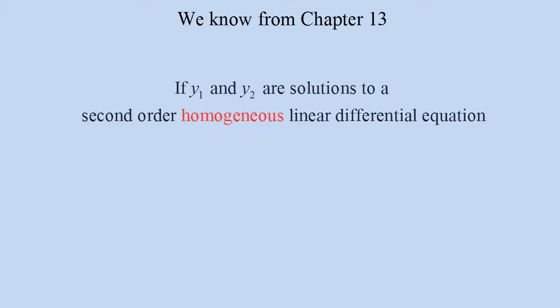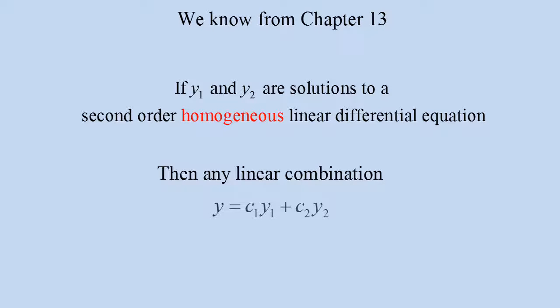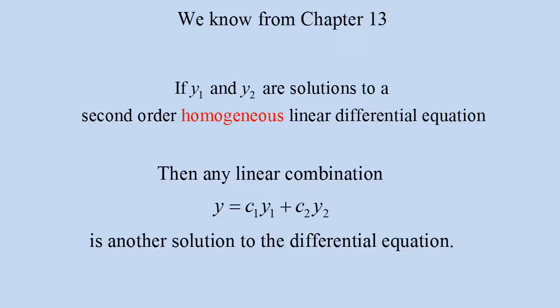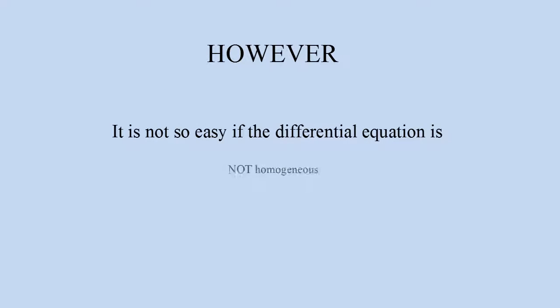Now if you recall, when we're dealing with homogeneous equations, if we had y1 and y2, which were both independently solutions to the equation, then we know that another solution would be the linear combination of those two. But that is not the case with non-homogeneous equations.